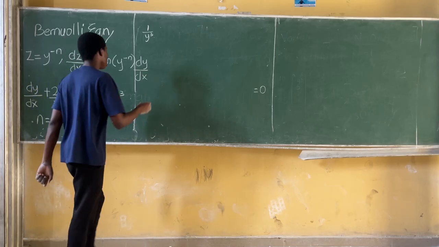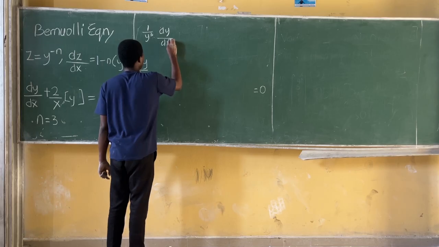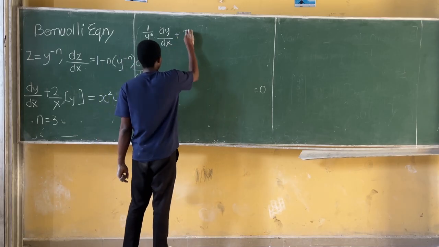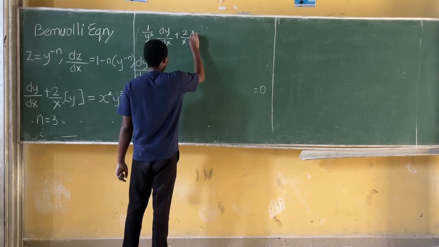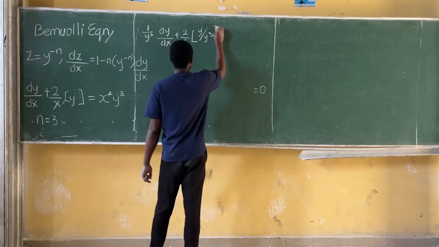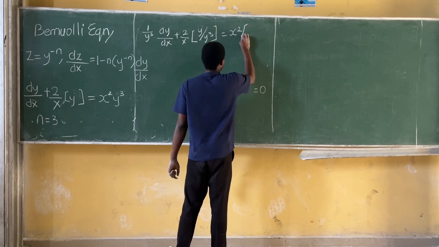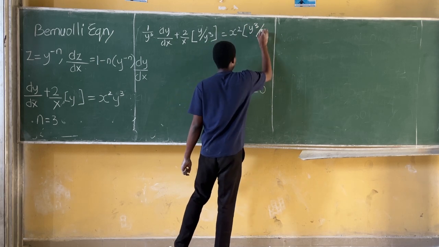Still the same thing. So this is dy over dx plus 2 over x, y over y raised to power 3 is equal to x squared y raised to power 3.